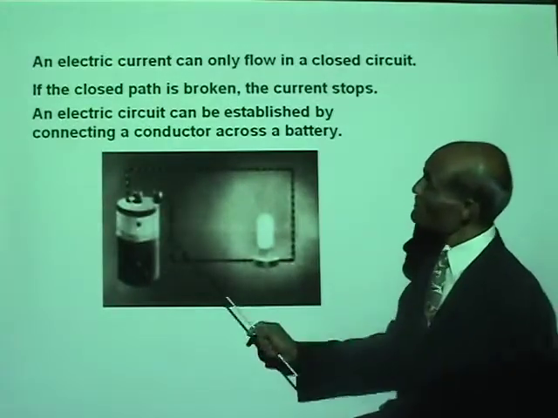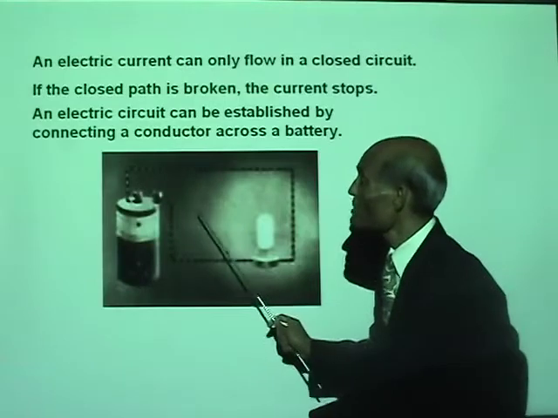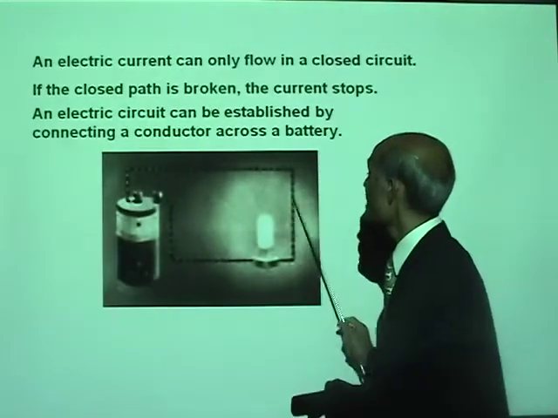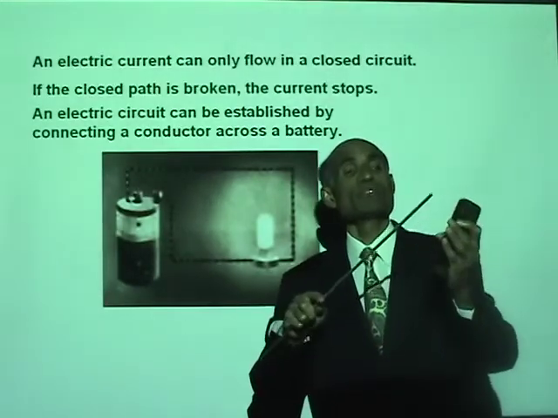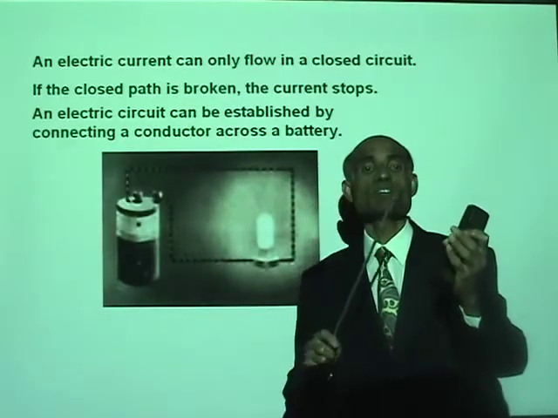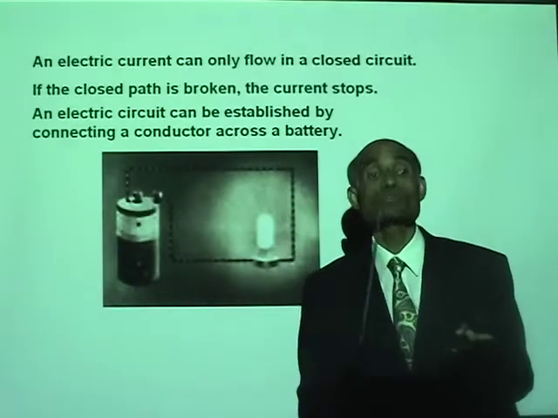Now, this is an example of an electric circuit. You have a battery and a conductor is connected across the battery. What does that mean? It means the conductor starts from the positive and ends at the negative so that a current can flow in a closed path.